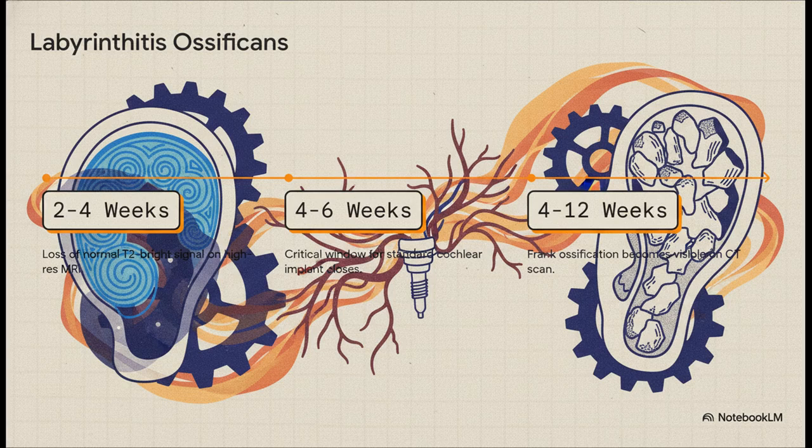By 4 to 6 weeks, the critical window for standard cochlear implantation rapidly starts closing as fibrosis sets in. And by 4 to 12 weeks, frank, irreversible ossification becomes completely obvious on a CT of the temporal bone. This timeline is exactly why early, high-resolution T2 MRI imaging within that first month is completely non-negotiable. It is quite literally a surgical emergency.